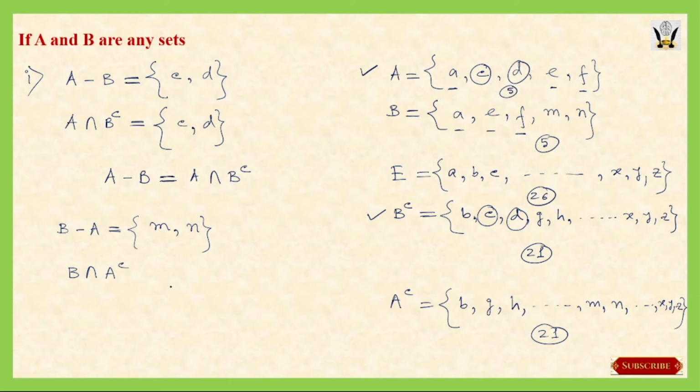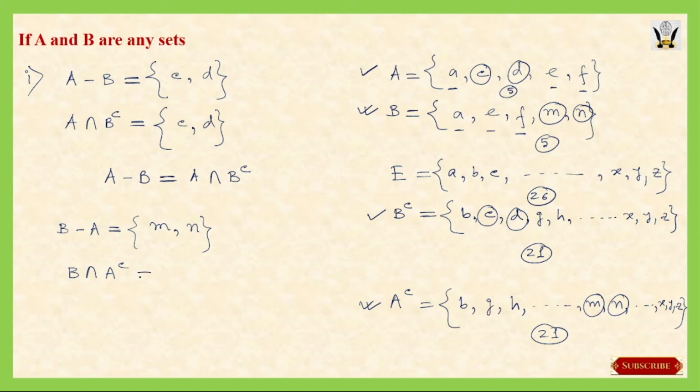Now when we are performing intersection between B and A complement, so this time this set and this set, we have to find if there is any common element or not. There are. A, E, F are not part of A complement, but here we can see that M and N, these 2 elements are common between B and A complement.